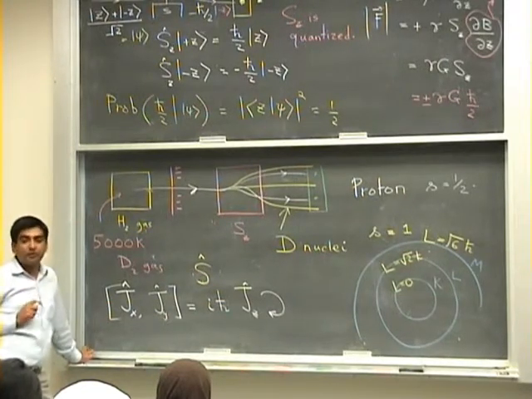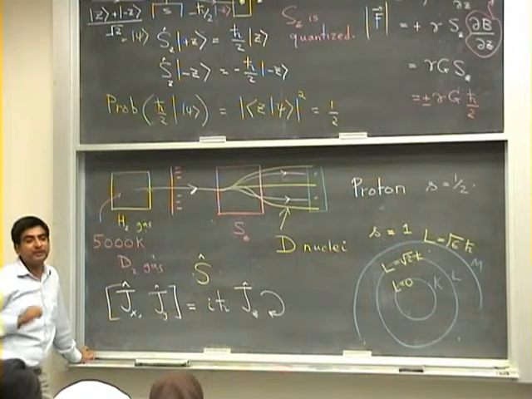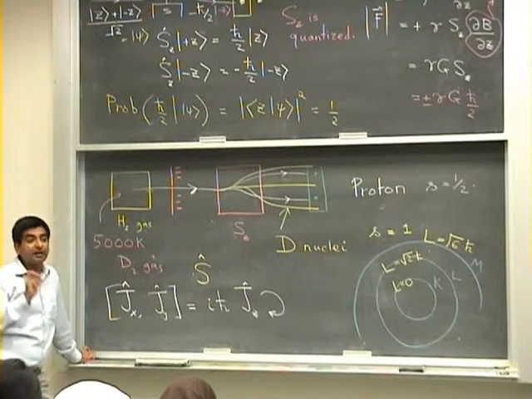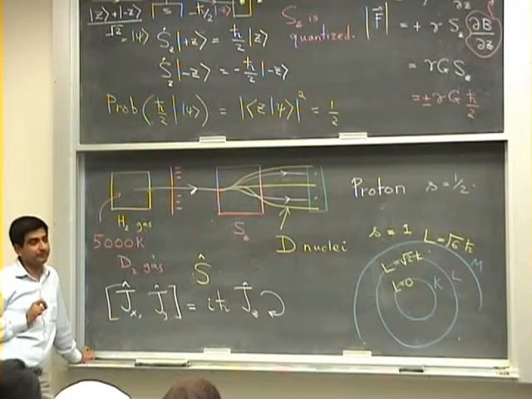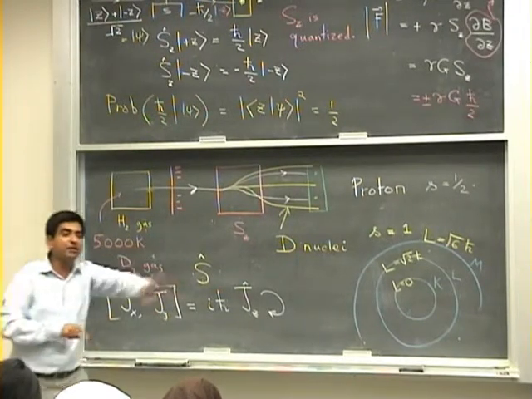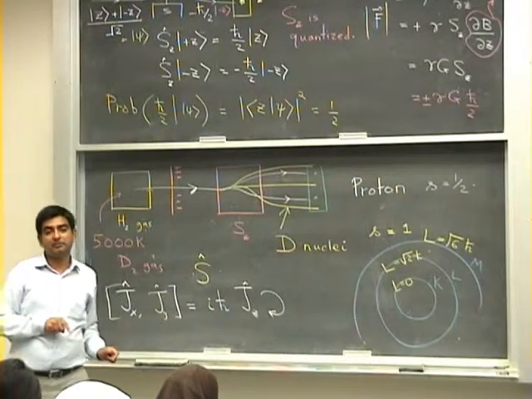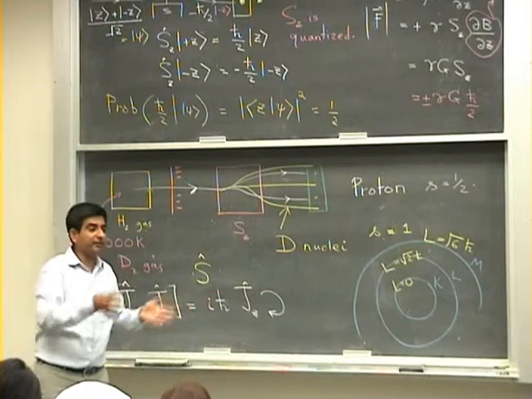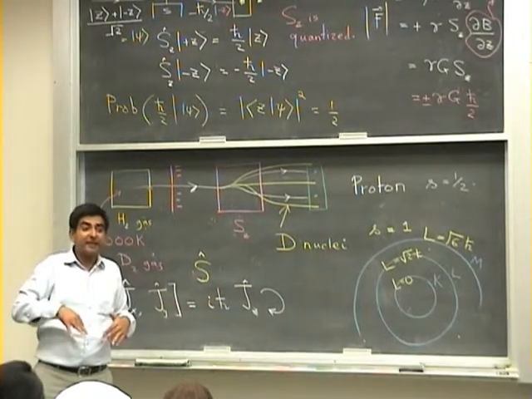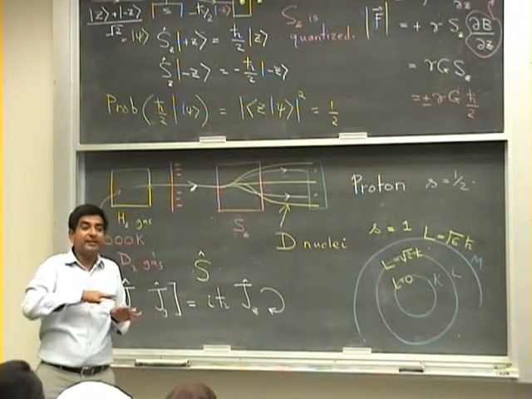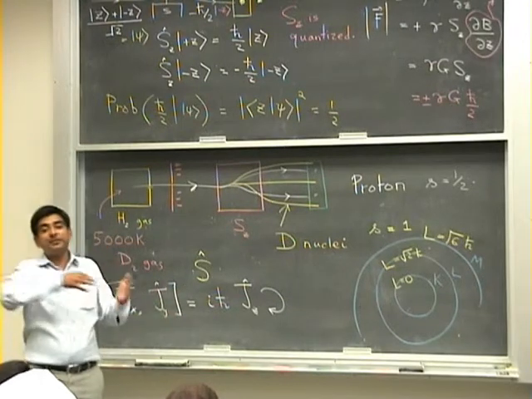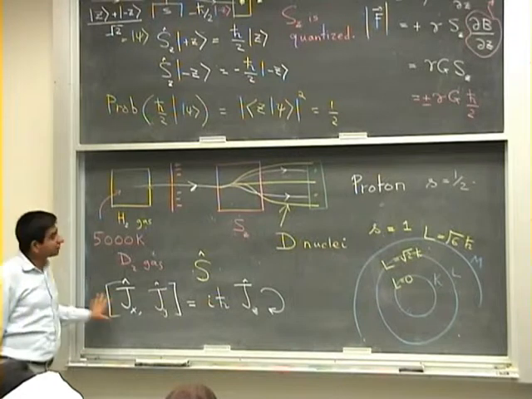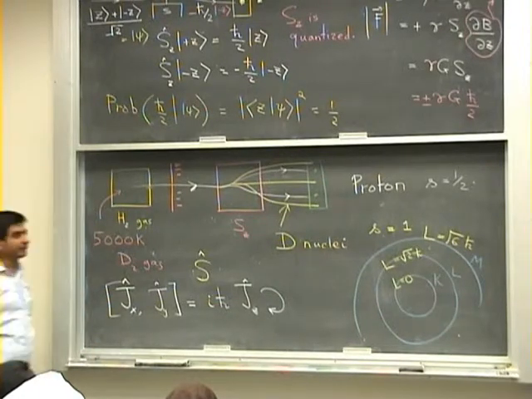They are incompatible observables. You cannot measure two components at the same time with zero imprecision. The indeterminacy principle has to hold. If you measure the x component, the y component will be disturbed. If you measure the y component without measuring the x component, you will get a different result from when you would measure the x component. So these are not independent. The x component becomes dependent on the y component, or on what kind of measurement you do. So there is a commutation relationship between these operators.